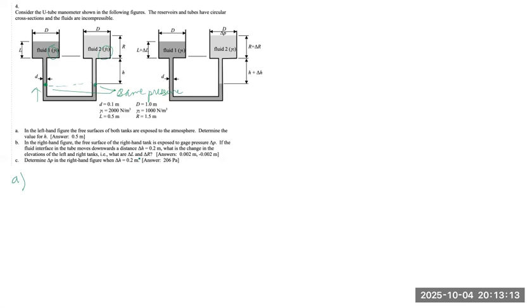We can use this to our advantage because this means that the hydrostatic pressure at this location minus this hydrostatic pressure at this location should be equal to 0. So how can we express that?